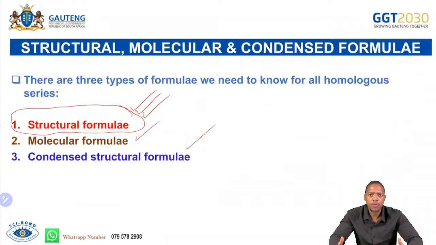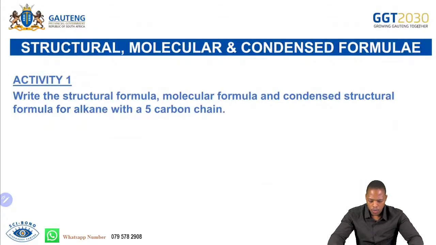We're going to use these carbon chains, then these functional groups, then come up with a molecular formula, and from that a condensed structural formula. We are going to take it one by one, and we'll try to do all the homologous series. Okay, right. Let's start with the first one.